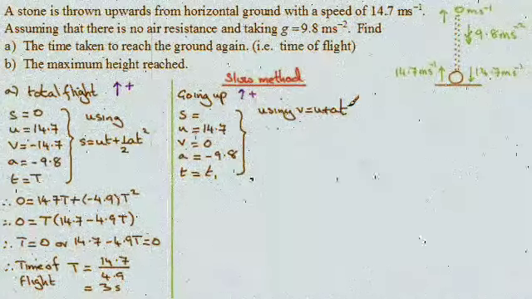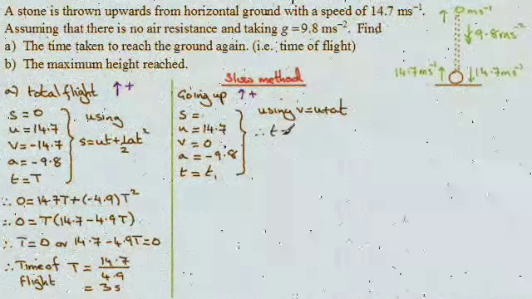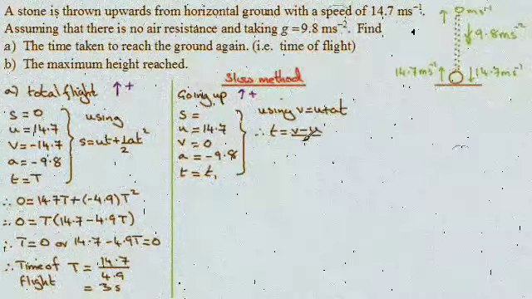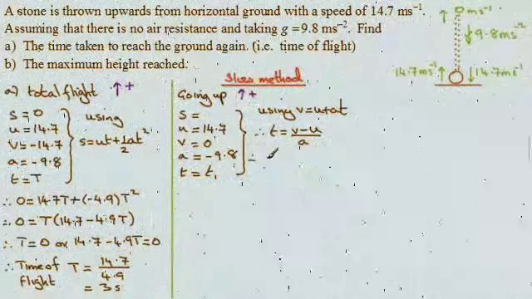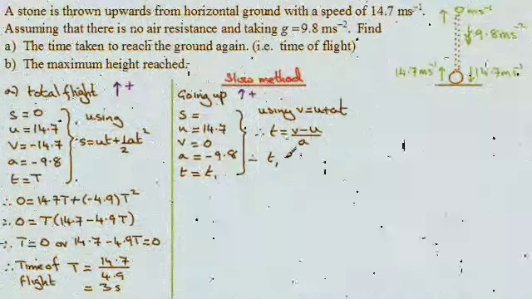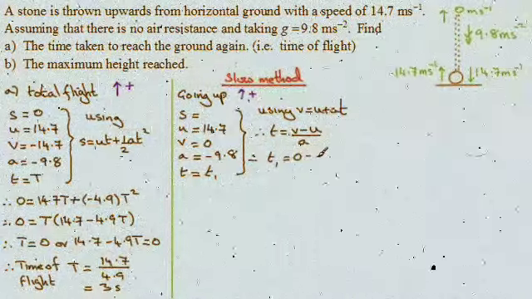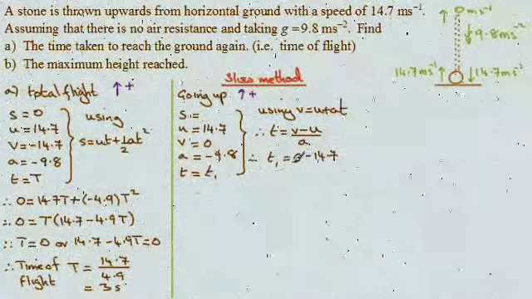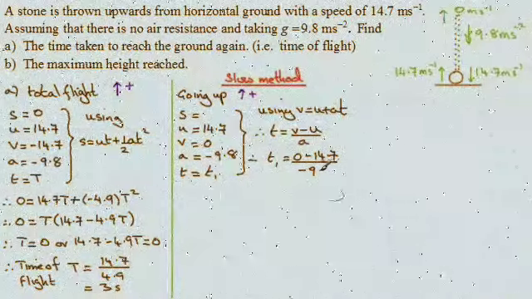And if I rearrange this for t, we get that t equals v minus u all divided by a. And substituting my values in, I've got t1 equals v, which is 0, minus u, which is minus 14.7, divided by the acceleration due to gravity, which is minus 9.8.